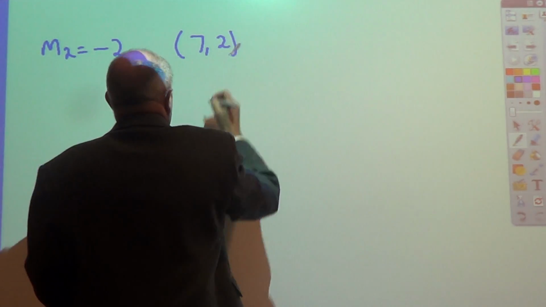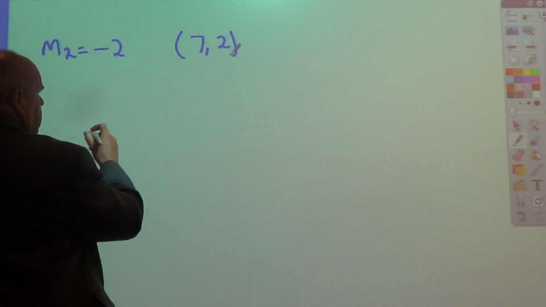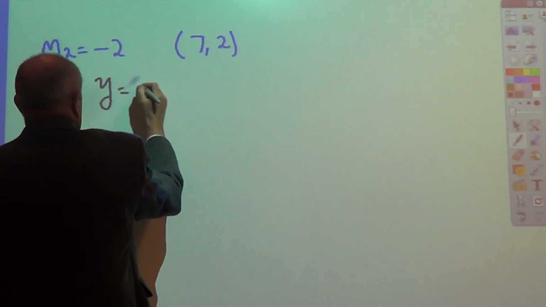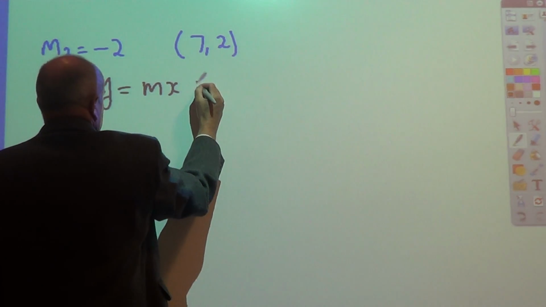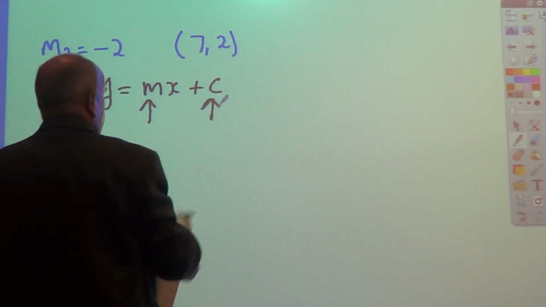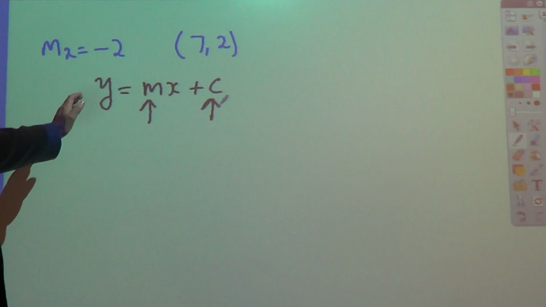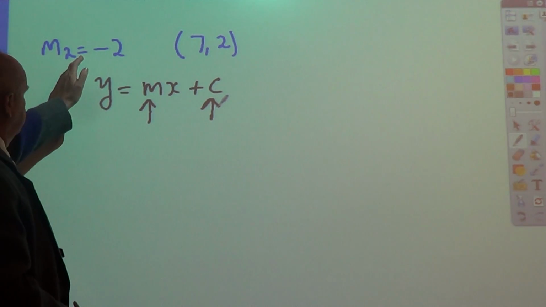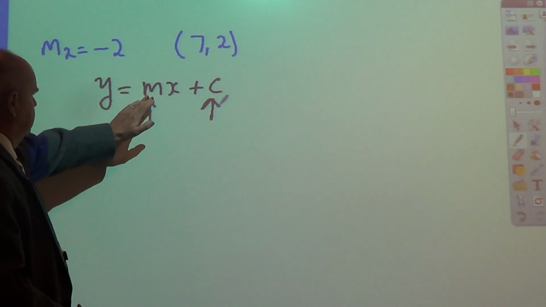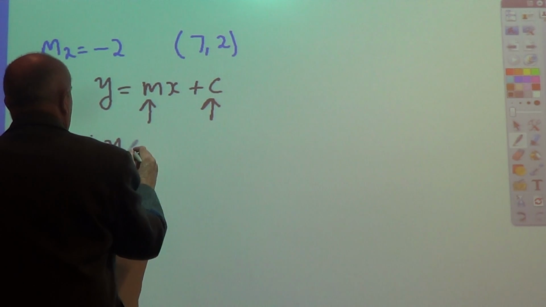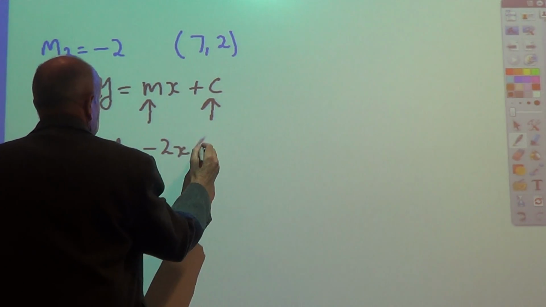Now remember, the goal here is to substitute the missing values for m and c into our gradient intercept form of the equation. Well, I already know m. We call it m2, but we're substituting it here, so it's -2. So y equals -2x plus c.